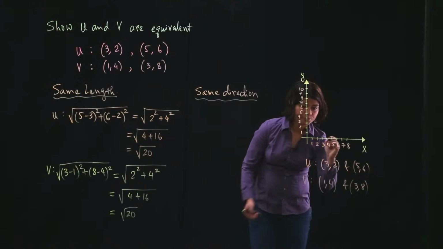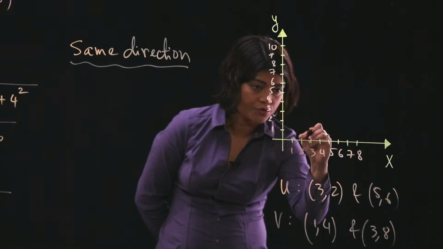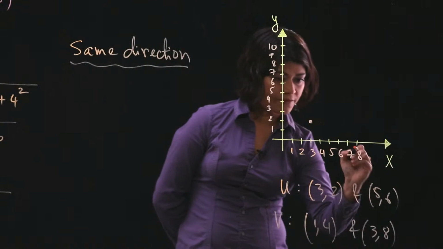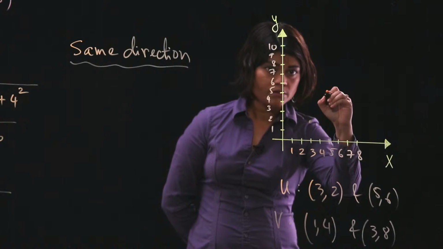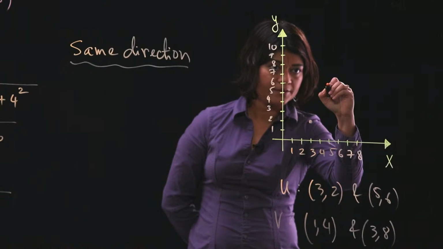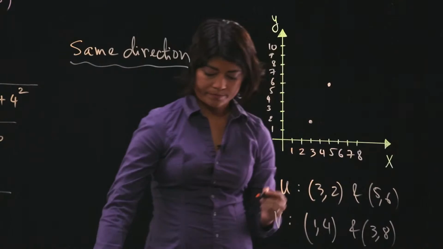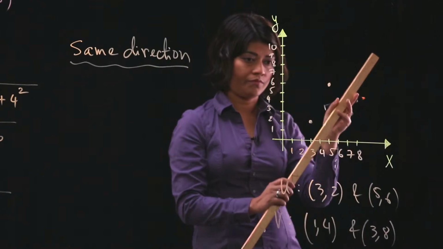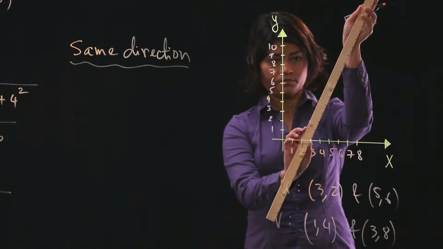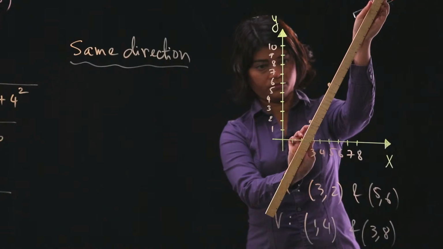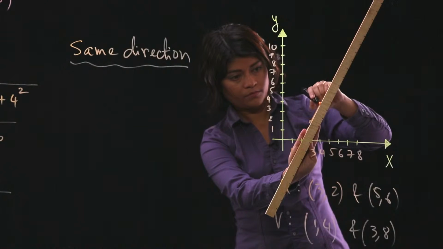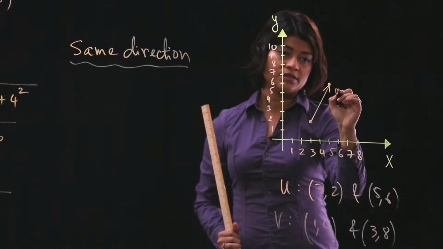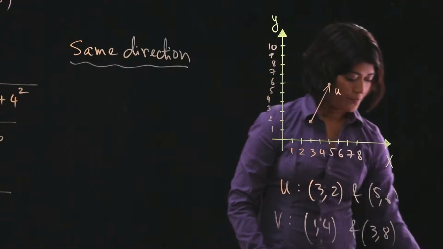For u, first point is 3, 2, starts here, ends at 5, 6. So approximately right here. So u is this directed line segment.